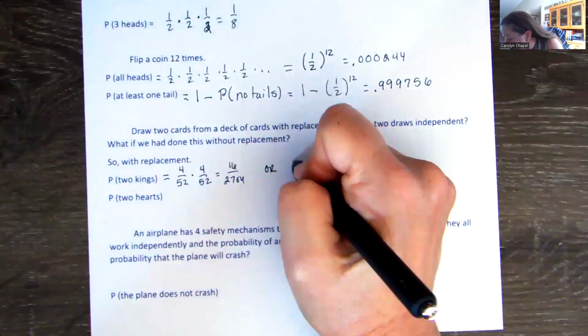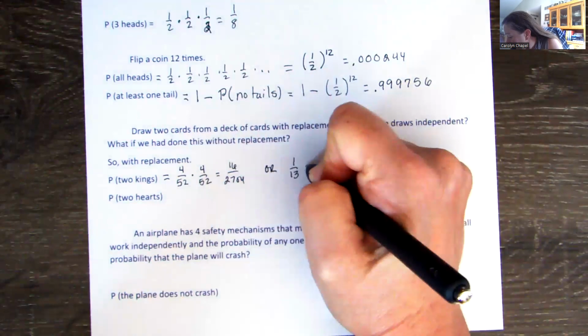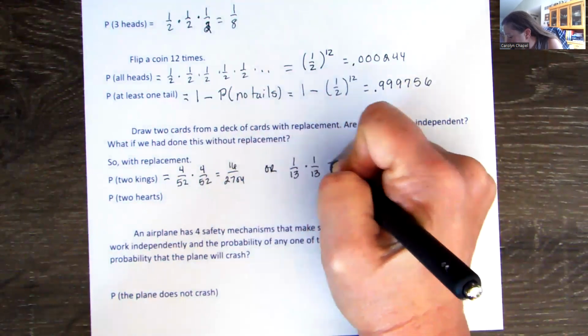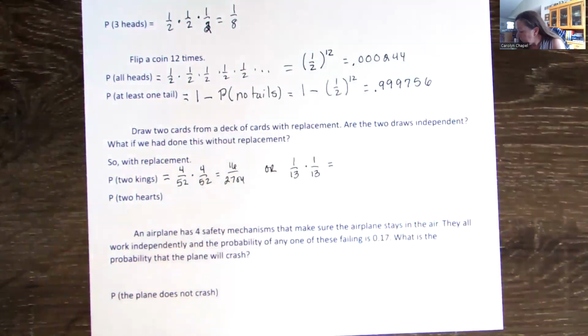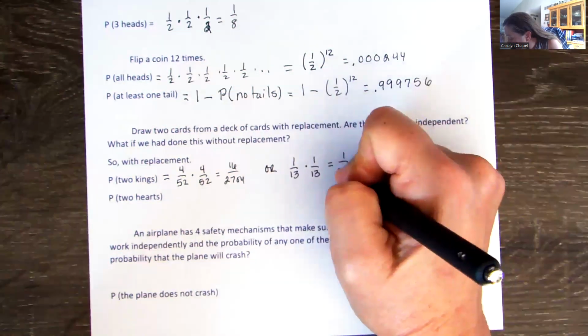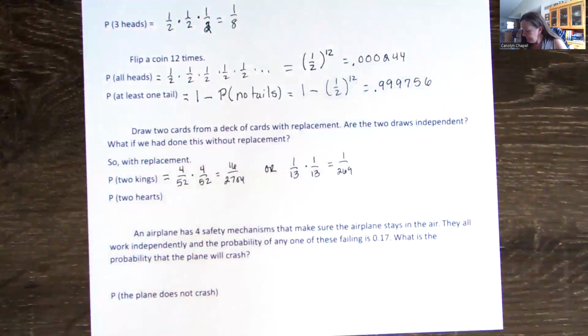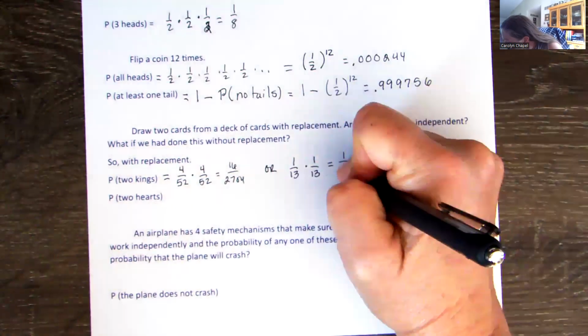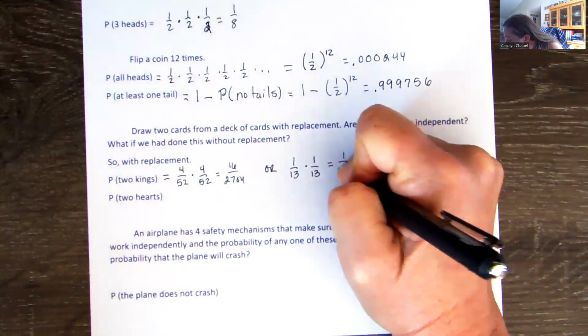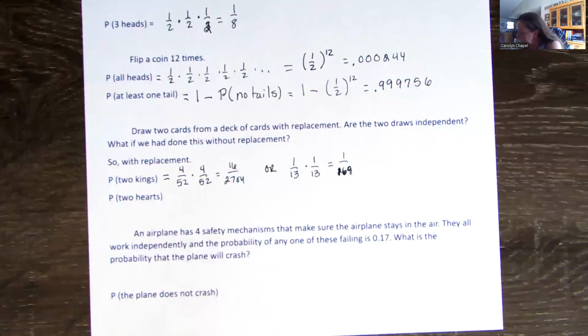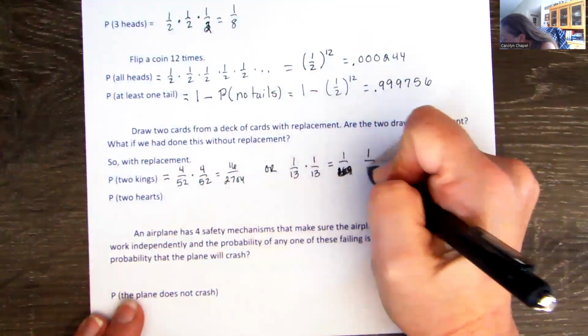That's my 1 out of 13 and 1 out of 13, which gives me 1 out of 269. Not 269, sorry, 1 out of 169. Oops, my bad.